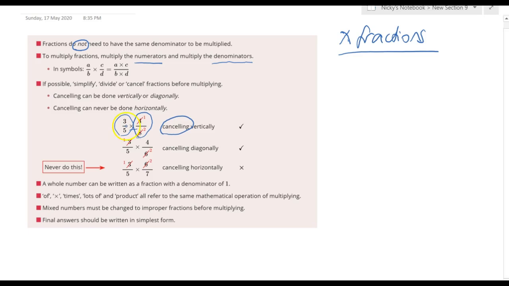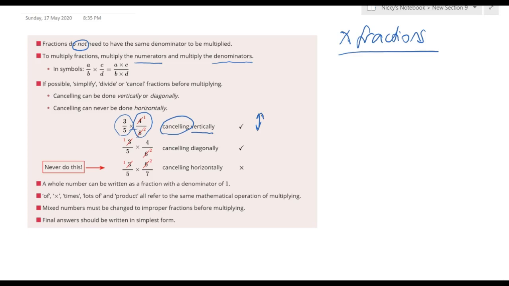So instead of doing 3 times 4, they've cancelled the 4 and the 8, and it's become 3 times 1 and 5 times 2. That also means that when you simplify your answer, which you always do, it's heaps easier because the numbers are smaller. Instead of 4/8, they've found the equivalent fraction of 1/2. That's called cancelling vertically, so between the numerator and denominator of the fractions.